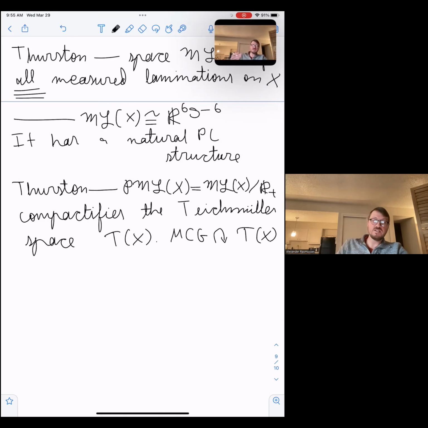And the reason this sphere PML is so important is that the action of the mapping class group on this Teichmuller space extends continuously to this sphere PML.